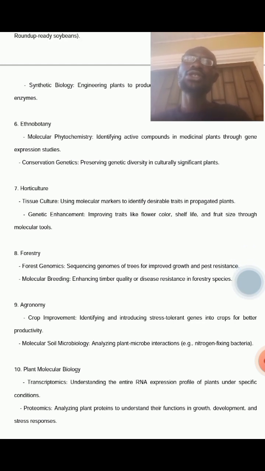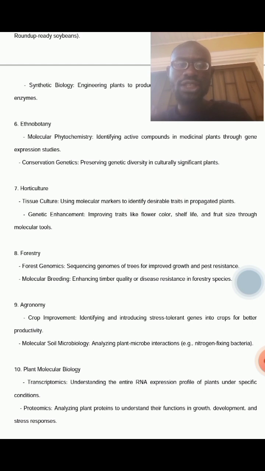Like when you start tissue culture, even from callus formation from the plantlets, you can identify the particular trait that you want. For example, if you want sweet fruits, you can know that this particular plantlet is going to produce sweet fruits, even without allowing the plant to mature. So molecular marker selection is another technique you can use for tissue culture. That is under horticulture.